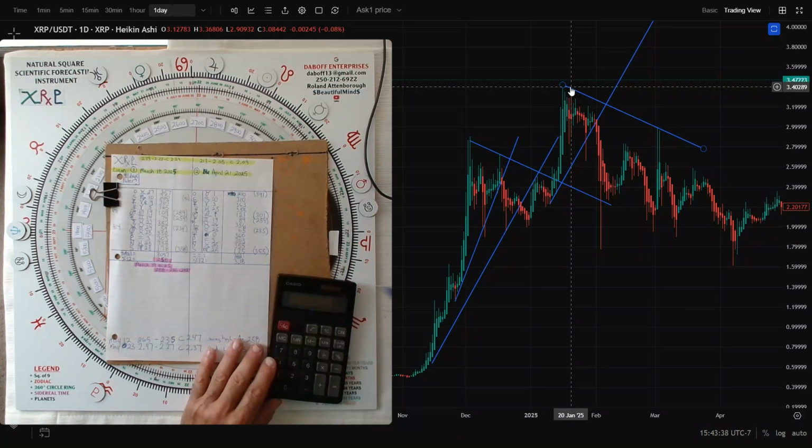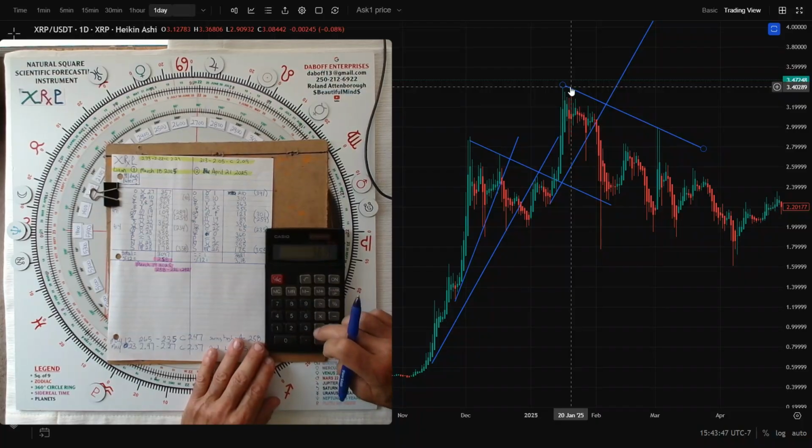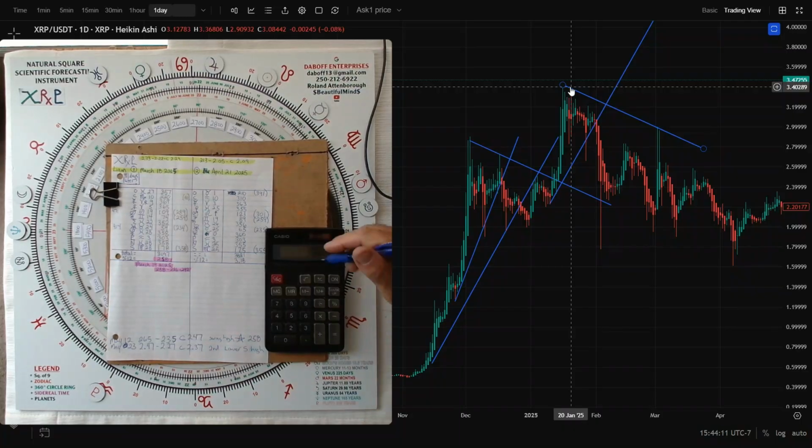So let's double check it. 210 plus 310 plus 363 plus 355 plus 121 plus 89 plus 356 plus 65 plus 360 plus 303 plus 355 plus 175 for the south node equals, oh, sorry, that was wrong.